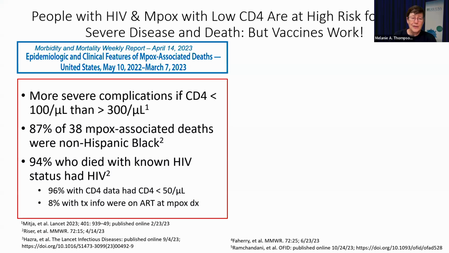And unfortunately, for those who had treatment information, only 8% were on antiretroviral therapy at the time of Mpox diagnosis. So this tells us a lot, not just about Mpox, but about how far we have to go in our HIV response in America.